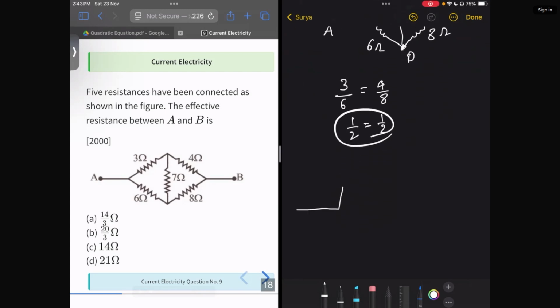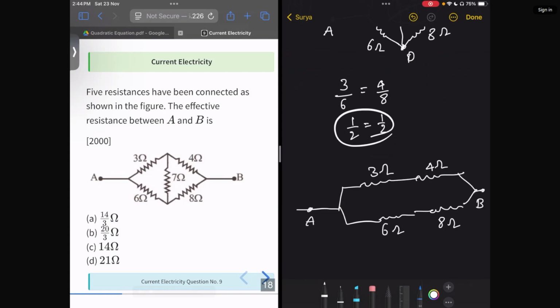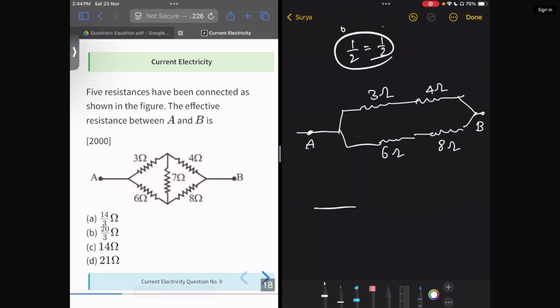Now we can take 3 ohm and 4 ohm in series, and 6 ohm and 8 ohm in series, between A and B. 3 and 4 ohm in series is 7 ohm, and 6 and 8 ohm is 14 ohm.